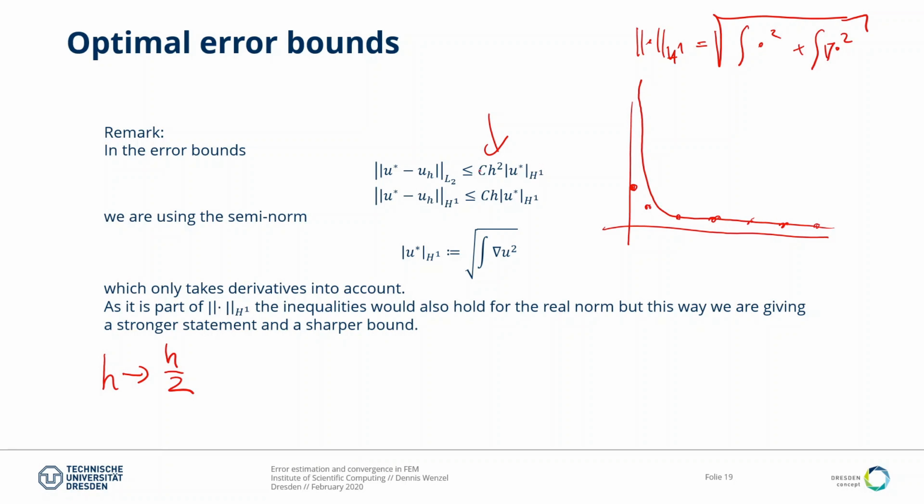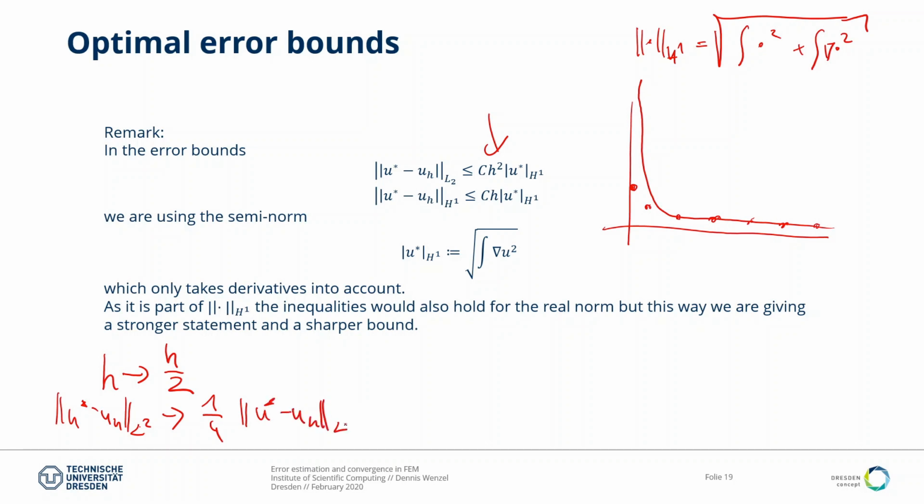This constant C also doesn't depend on the grid. That means if I take half the step size, my error, u star minus u_h in L2, should be cut by a factor of 4 actually. Because h squared, so you see that there comes a factor of 4.